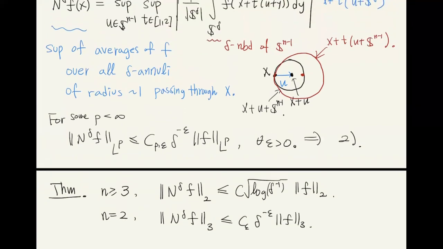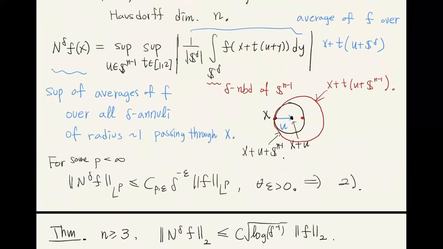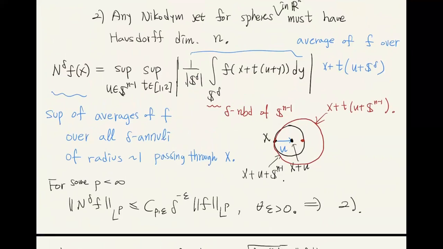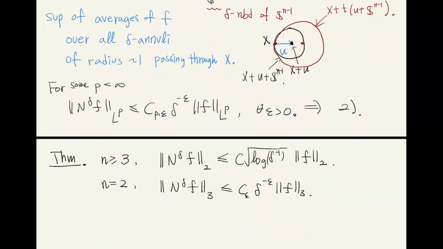So these two estimates imply the second statement regarding the Hausdorff dimension of Nikodym sets for spheres. So this may be regarded as the main estimates.